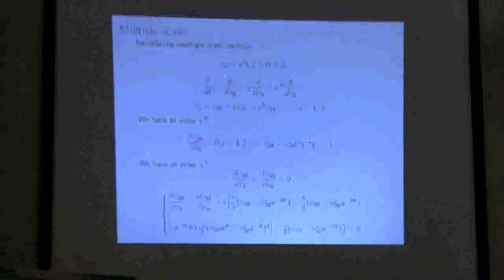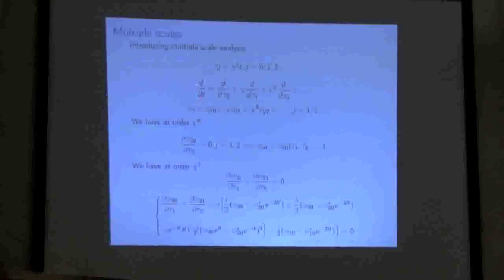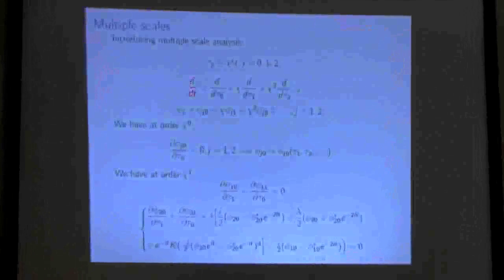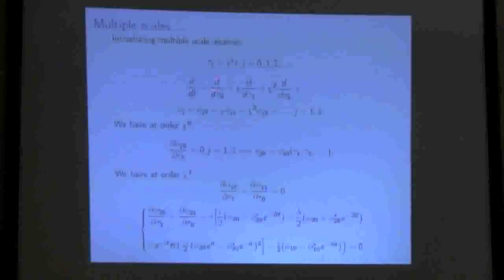By the chain rule, I introduce the derivative versus time in function of the tau 0, tau 1, and tau 2 operators, and I look for the expansion of phi g like that. So for g equal 1 and 2, I have phi g 0 plus chi phi g 1, and so on.